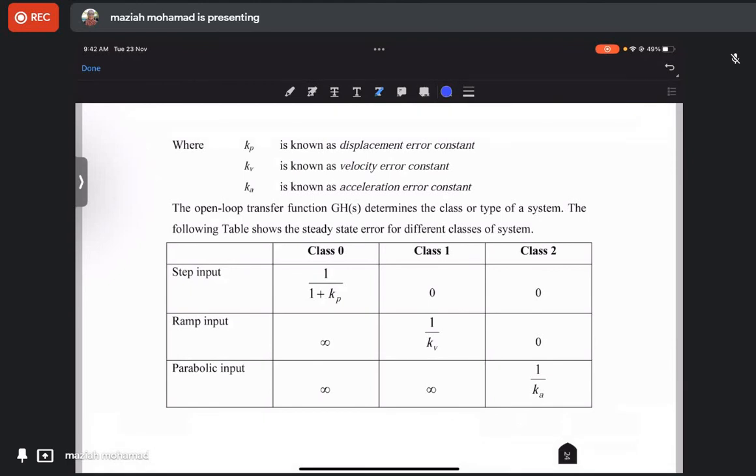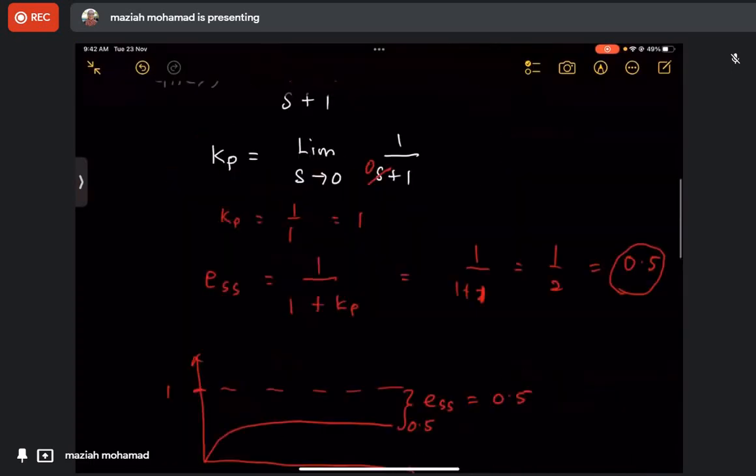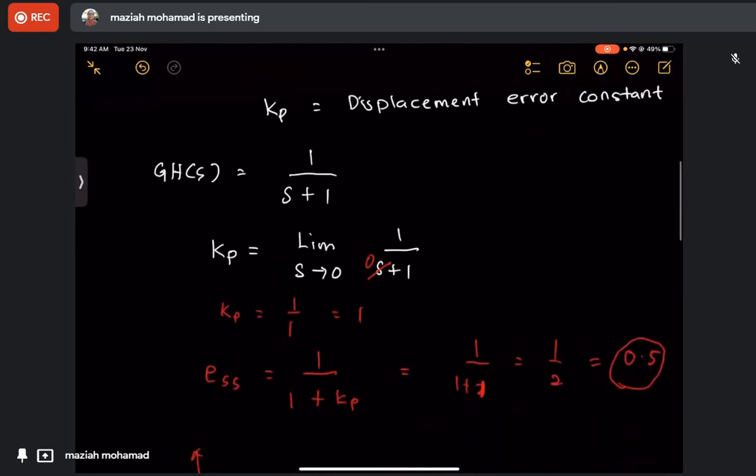We have a proof for this in the example just now. The open loop transfer function is s plus 1, so this is class 0, right? Because class is the highest power of s in the denominator. So we look at the denominator and factor out the s, and the order of the s will determine the class.